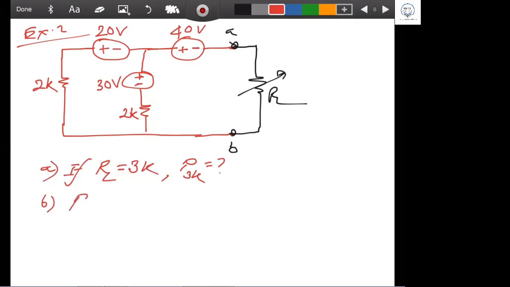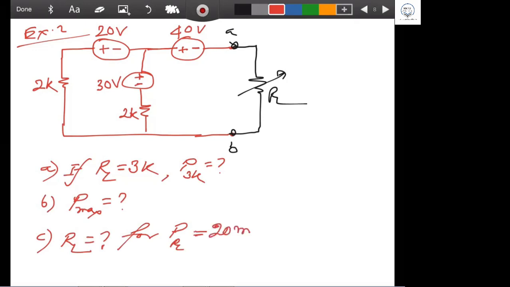And C, you have to find RL equal to what for PRL equal to 20 milliwatt. That's your question. Now, have you copied?